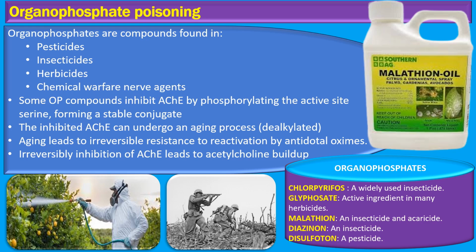Imagine a molecule, an organophosphorus agent, that when introduced into the body, binds to the enzyme acetylcholinesterase. This binding triggers a transformation within the complex, a process we refer to as aging. This aging makes the enzyme permanently resistant to the antidote pralidoxime, meaning once this change occurs, there's no turning back.